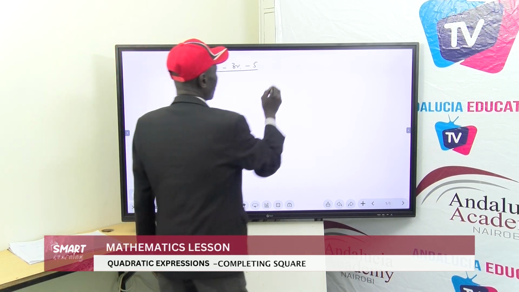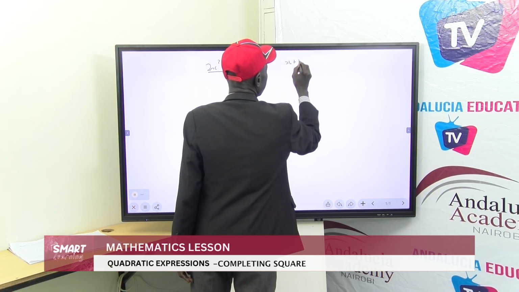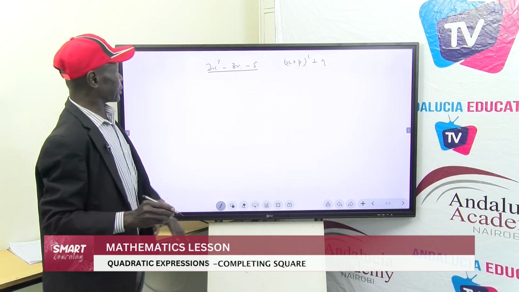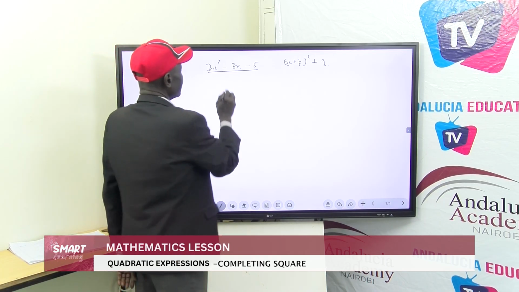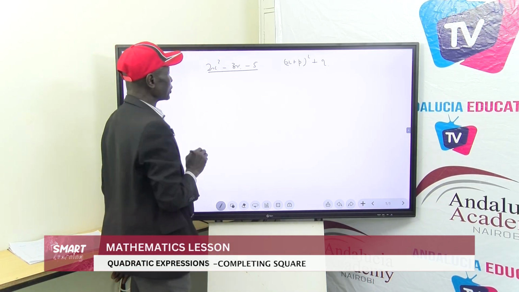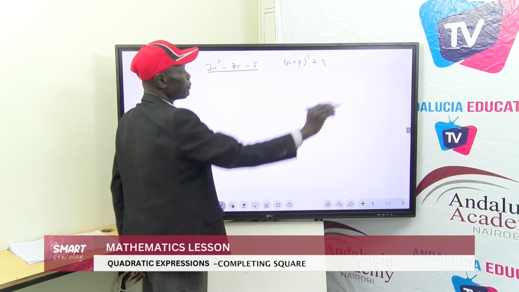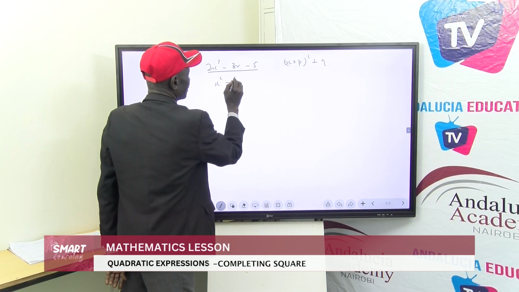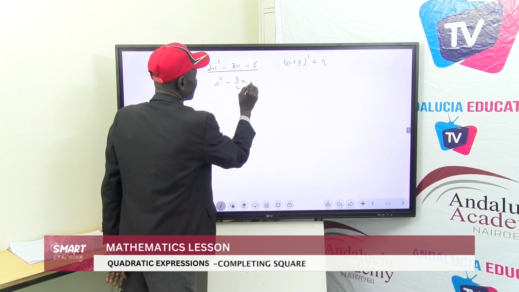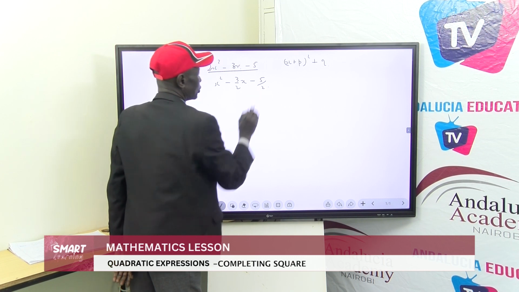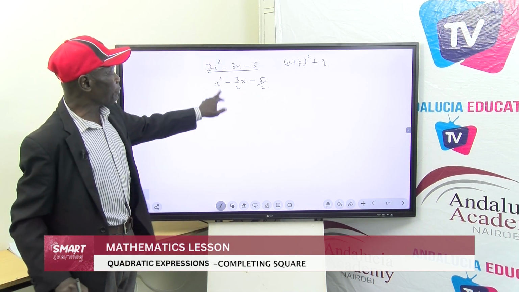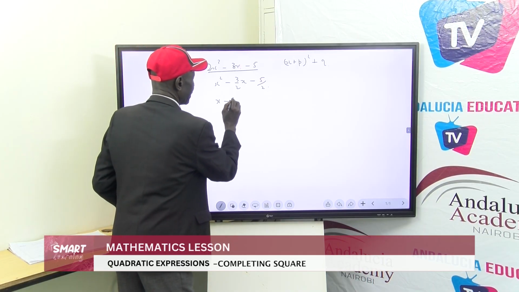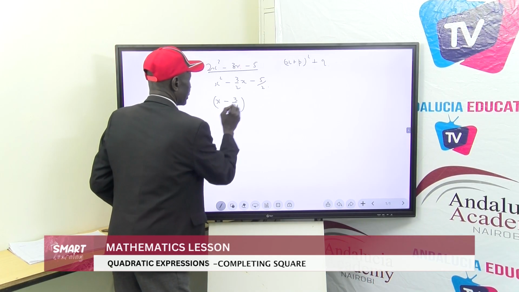We are going to write this in the form of x plus p squared plus q, and later on we are going to factor it out. So, since our a is not 1, the first thing we have to do is divide everything by 2. So we'll get x squared minus 3 over 2 x minus 5 over 2. Now I get my factor by dividing b by 2, so I'll get x minus 3 over 4 squared.